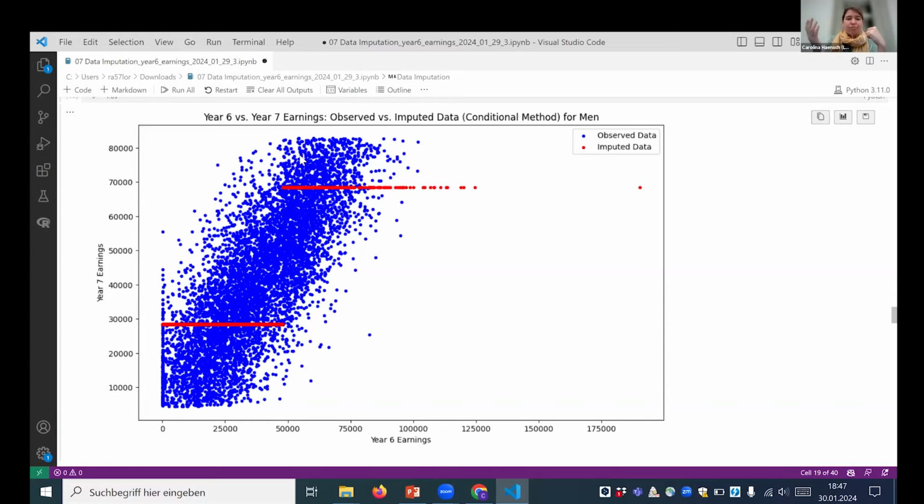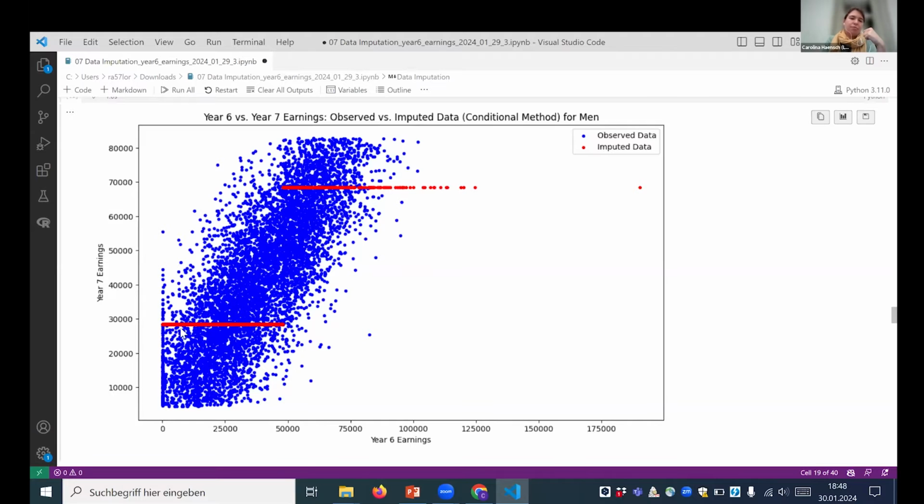And then same, we only have 2 groups here. So we have another mean estimated from those in the higher income brackets in year 6, and then impute this in year 7 for the year 7 missing values. And of course, this is already a little better because we make a little bit of use of this correlation between year 6 and year 7 earnings.